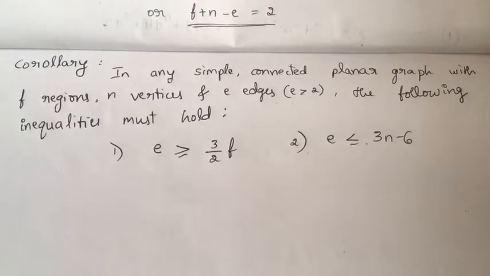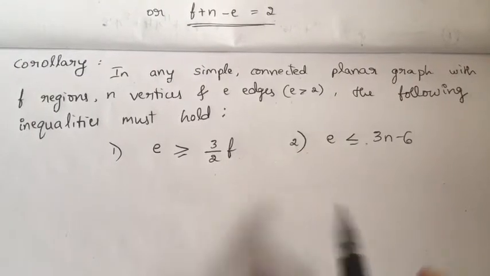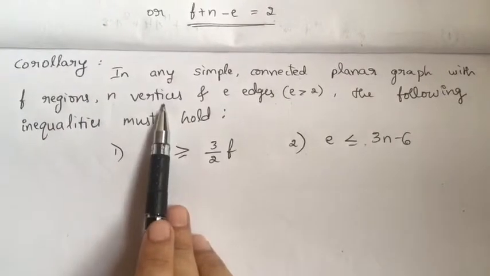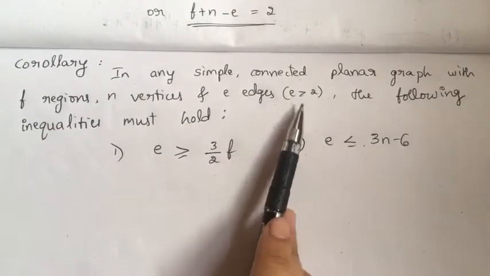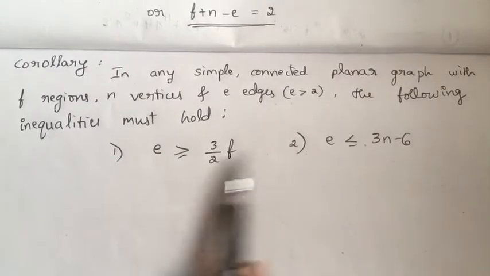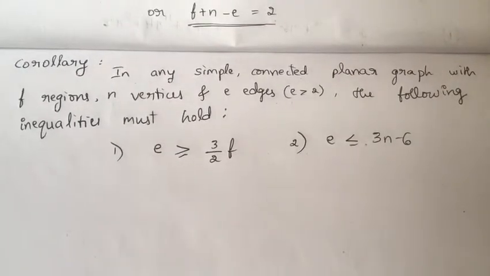Now the corollary to this theorem states: if any simple connected planar graph with f regions, n vertices and e edges, where the number of edges is greater than 2, then the following inequalities must hold.